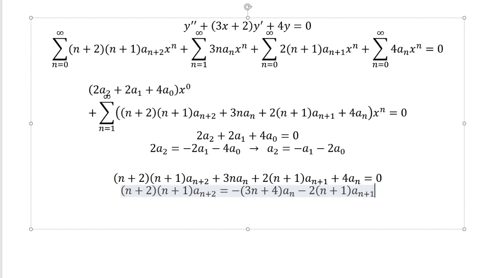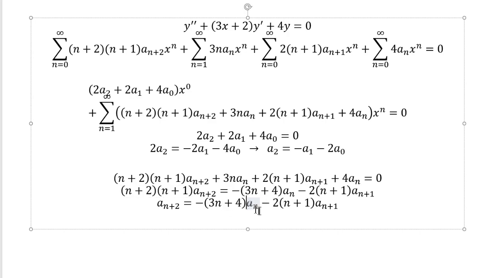Okay. All right, so what was there before? I combined the two by factoring the an out. So we have this, and then you divide by n plus 2, and then a(n plus 2) will now be this thing on the right side, divided by this one, because I'm dividing this to the right side.